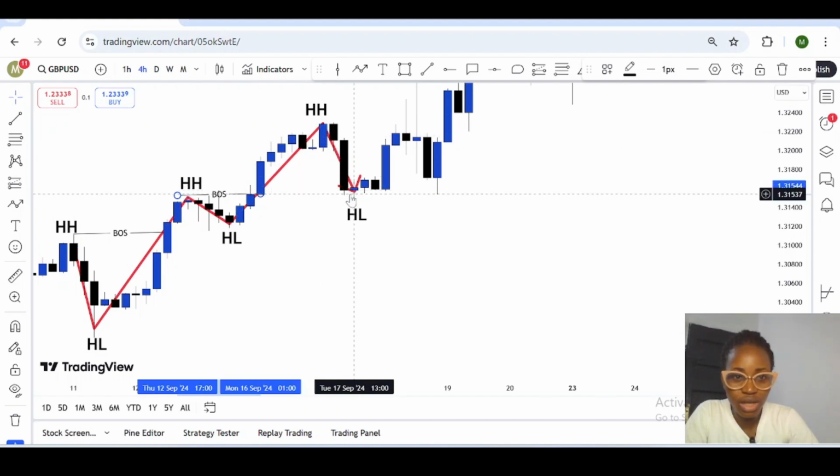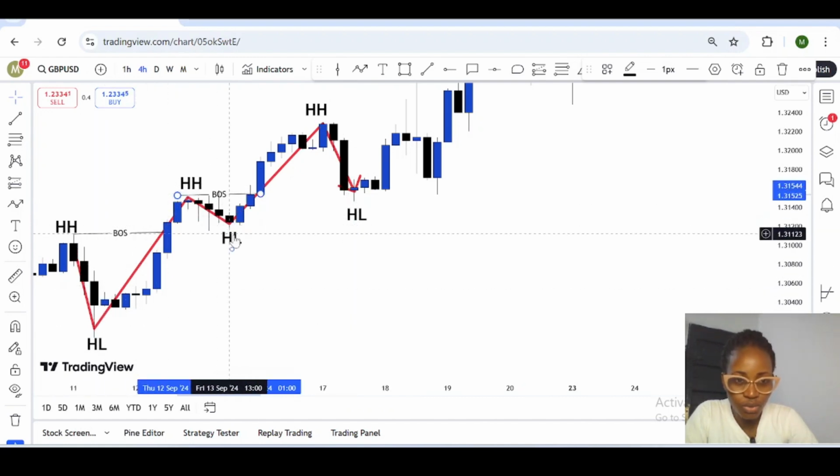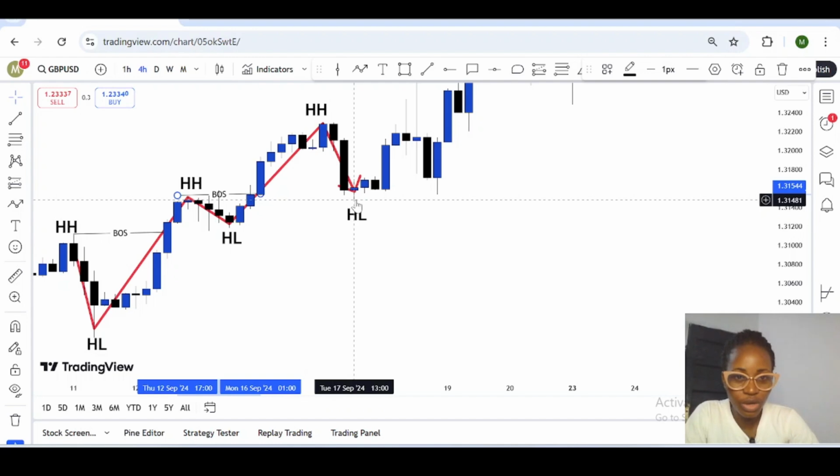This is where price stopped before this retracement here. So from this point of rejection, we now have a new higher low here. Remember, this is higher high, higher low, higher high, which is a swing high, higher low, which is a swing low. So from here, we are going to identify the next higher high.